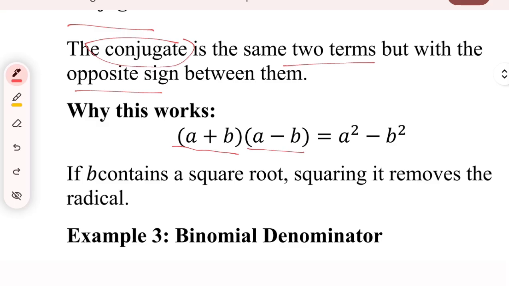You know what happens when we multiply it with its conjugate? It becomes a squared minus b squared. So if it contains a square root, squaring it would actually remove the radical sign. That is the reason why we have to multiply it with its conjugate.